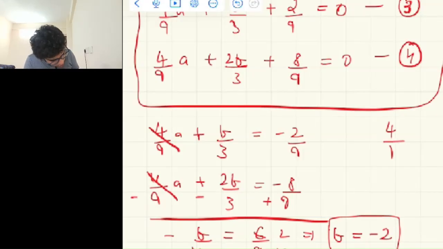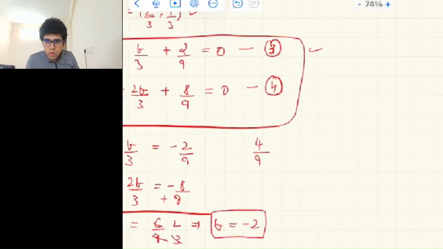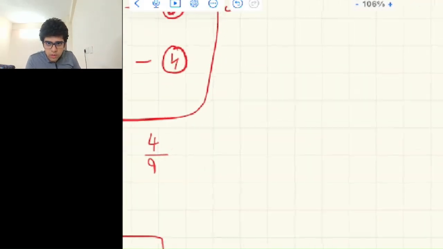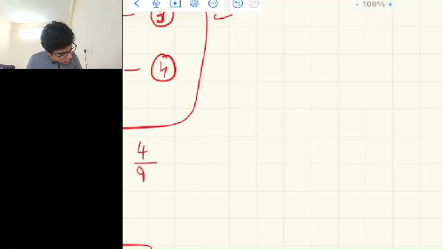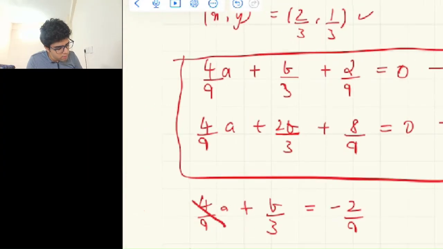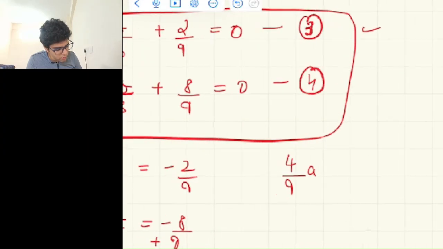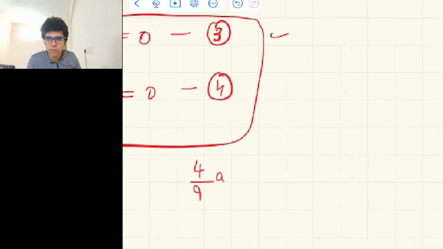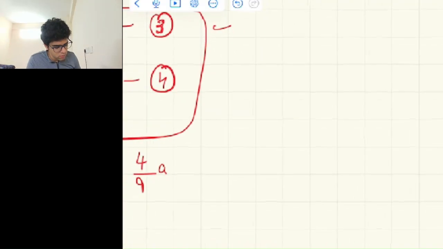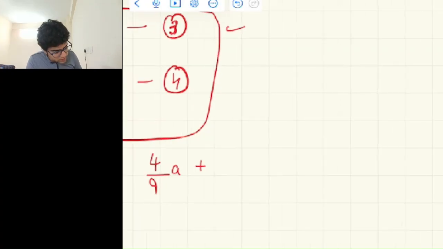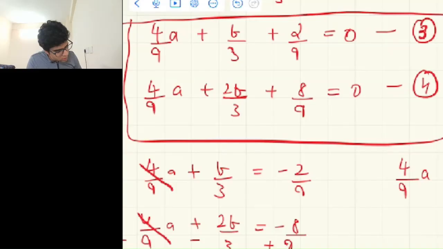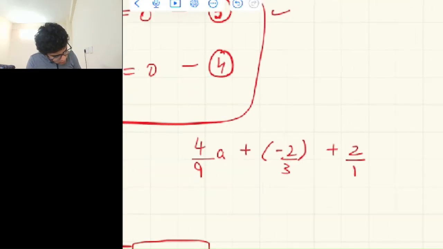So 4 by 9. Oh, wait a minute. Just zoom it here. So it will be 4 by 9a plus b by 3 plus 2 by 9 is equal to 0. So b was minus 2. So minus 2 by 3 plus 2 by 9 is equal to 0.